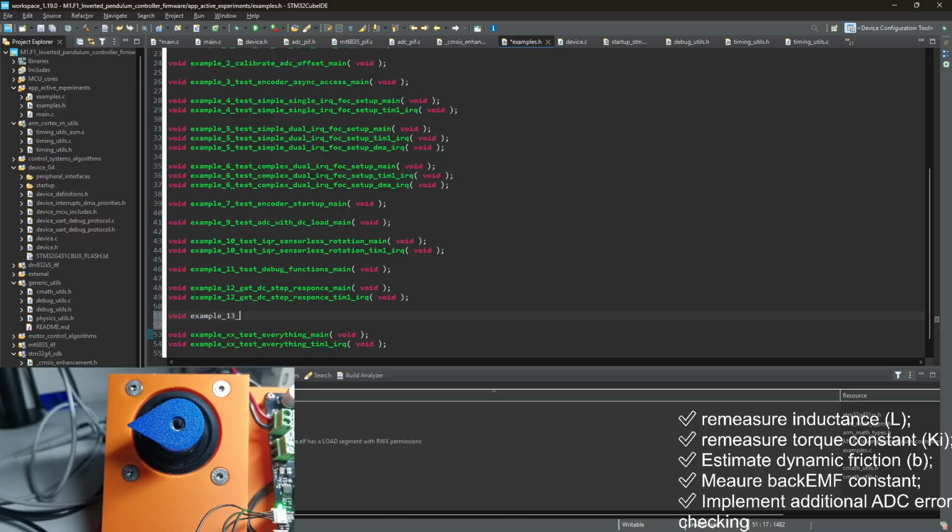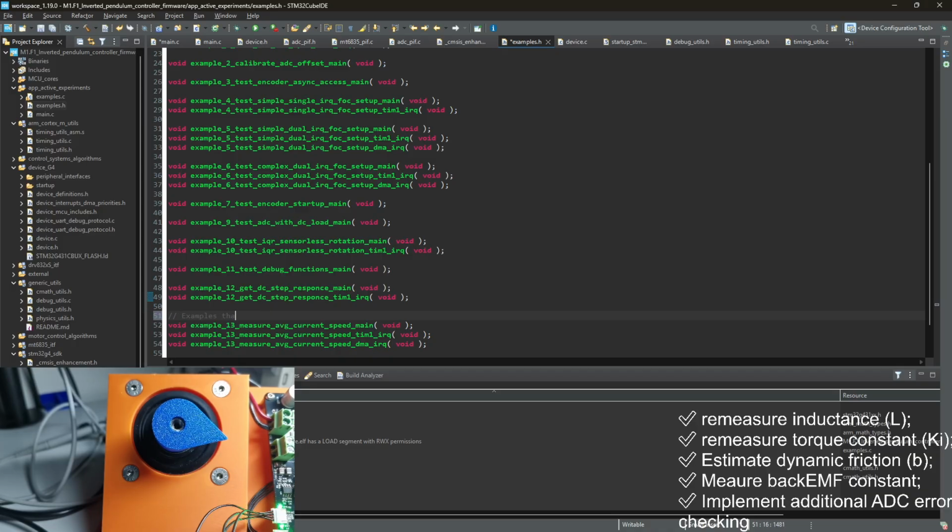Example 13, and this will be measure B. Okay, average current and current speed main. Kinda makes sense, but it kinda doesn't make sense. IRQ. This will be time IRQ, time 1 IRQ, and we need another IRQ as well. DMA.